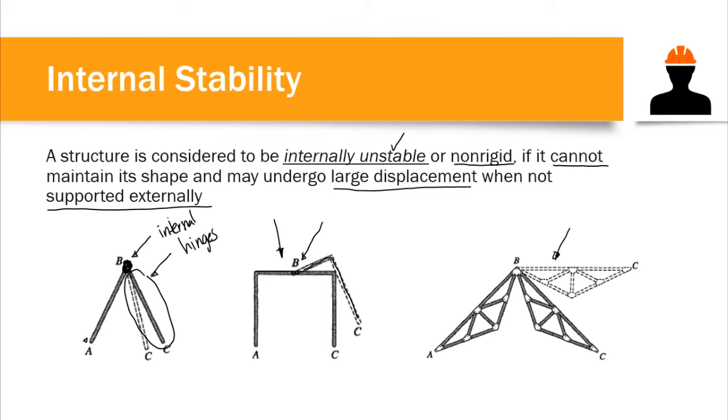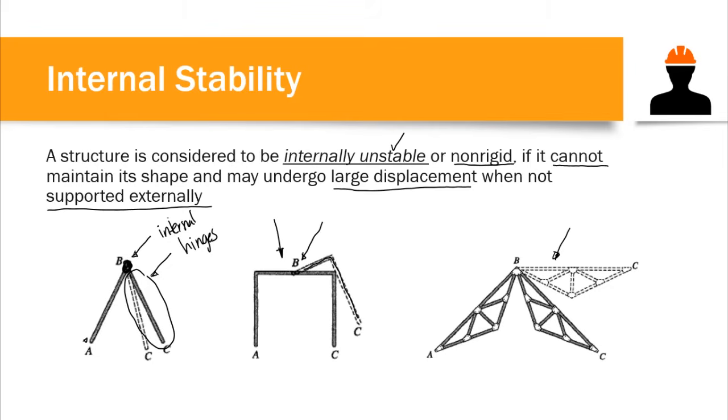Okay, so it's important that we refrain from designing an internally unstable structure in actual practice. But if that happens, we need to provide enough supports in our structure to prevent any movement, or that would act against any motion in our structure.